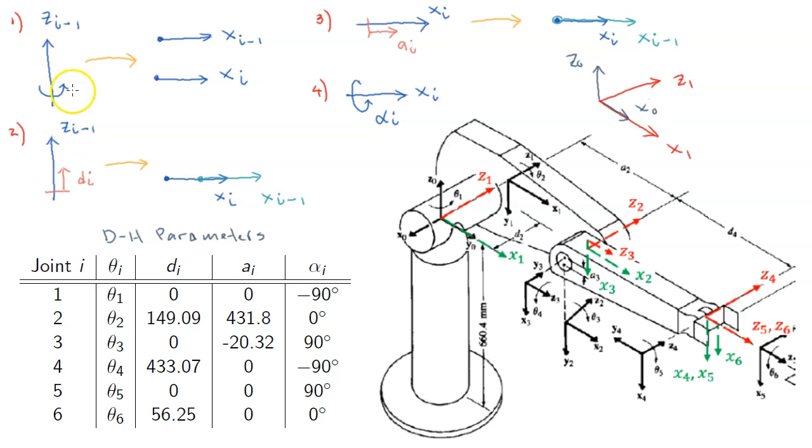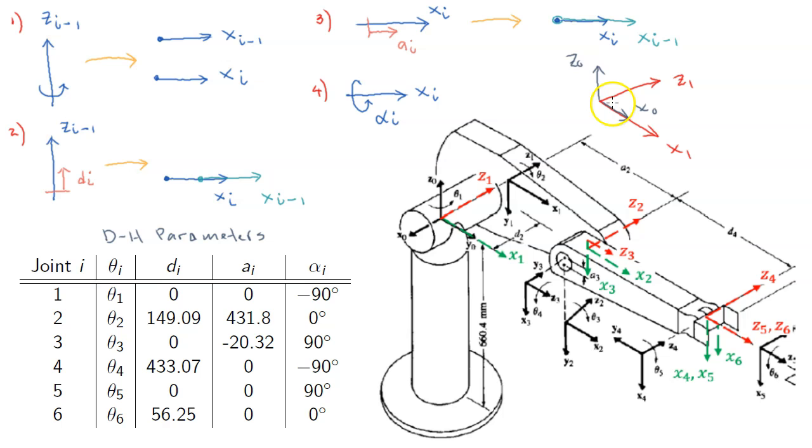Okay, so we have rotated at an angle, it doesn't matter what the angle is, and our main objective now is to make X0 and X1 parallel. The origin can be different, but it has to be pointing in the same direction. Not only parallel, but it has to be pointing in the same direction.